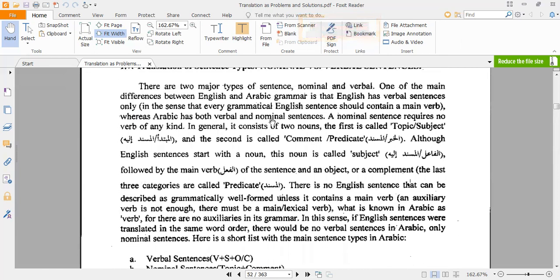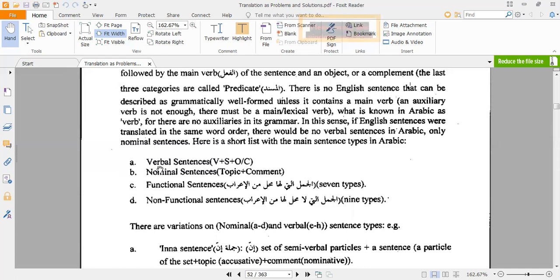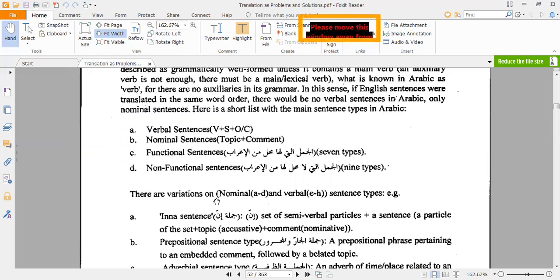While in Arabic we have four main sentence types: verbal sentences, nominal sentences, functional sentences, and non-functional sentences. The verbal sentence in Arabic is always different from English. In English, a verbal sentence starts with subject, verb, and complement, while in Arabic a verbal sentence starts with a verb, then the subject, then the complement.